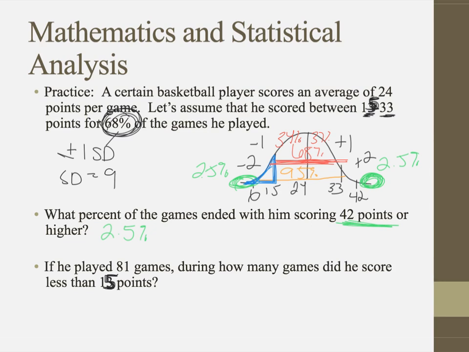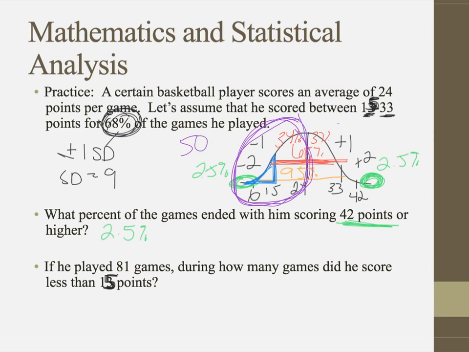I also know that out of my whole graph, half of all of my values fall on this side, and the other half would fall over on this side. So here's what I know is 50%.